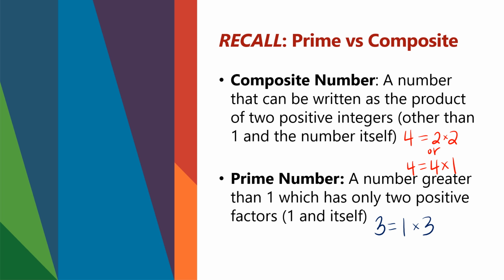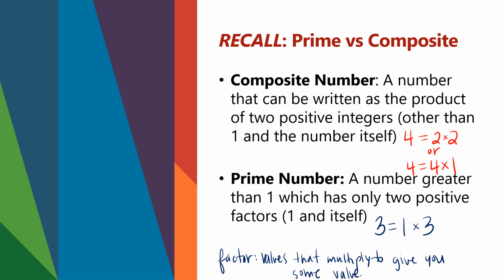So if you say the factors of 16, the factors are the values or the numbers that multiply to give you some other value. All right, so let's jog your memory about how to do these factor trees.